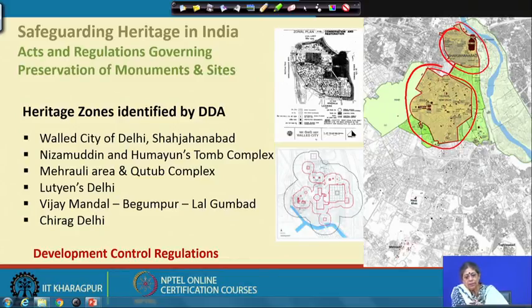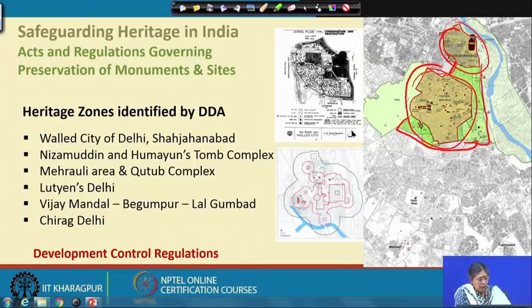So, there is a tentative plan, it is on the tentative listing. That entire area, the dossier was being prepared for putting the application for the nomination.